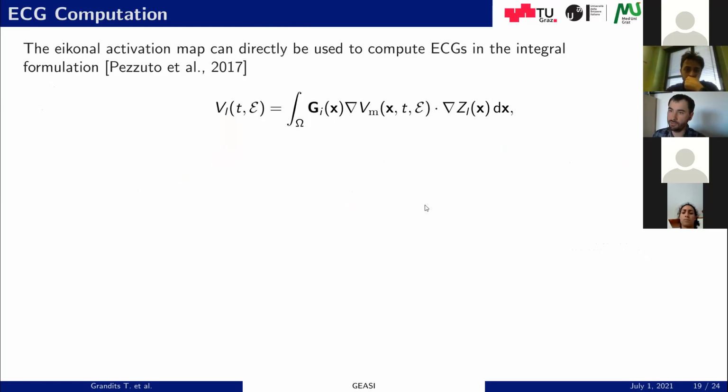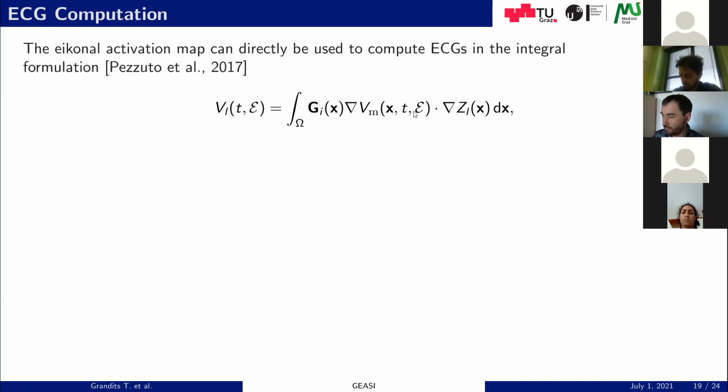So the last extension for GEASI that I wanted to introduce is the extension to ECGs. We can simply compute the ECG from the eikonal model using this equation: you integrate over the whole cardiac domain, given the intracellular conductivity tensor GI, the gradient of the membrane potential nabla VM, and take the dot product with the lead field of a certain lead ZL.